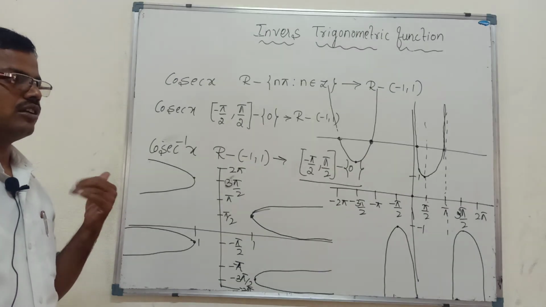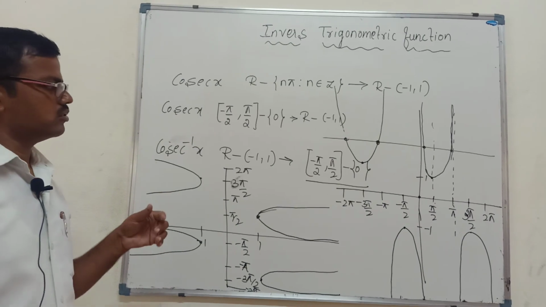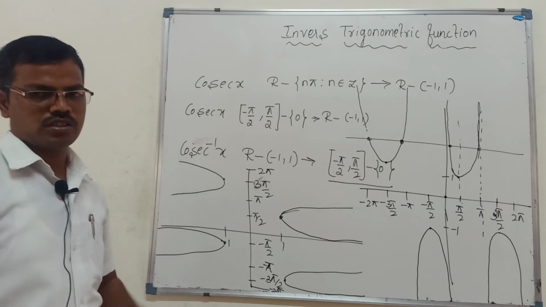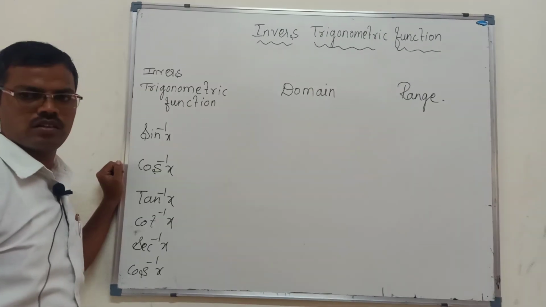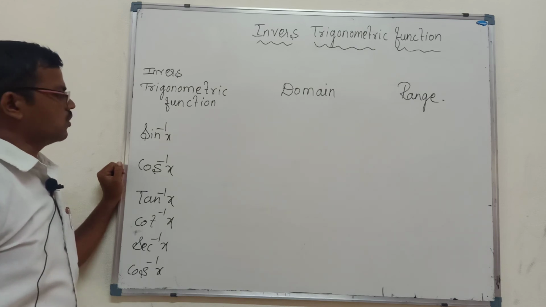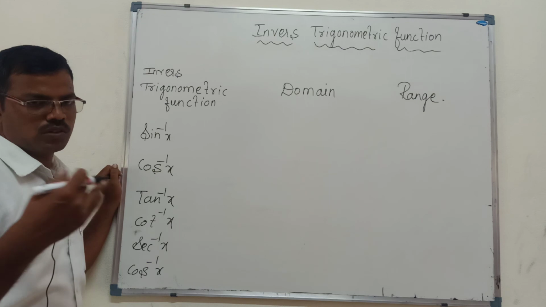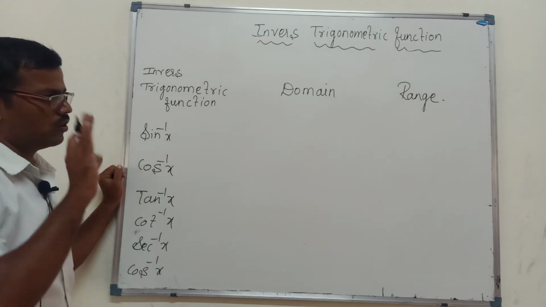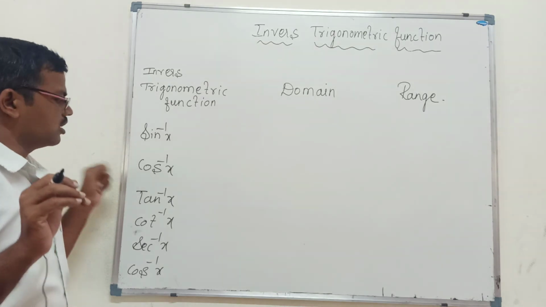So what we call the principal value for that trigonometric function. Let me list all the 6 trigonometric functions. We list all these things whatever we have studied in the previous part 1, part 2, part 3. Finally we list all the things we have studied about the 6 inverse trigonometric functions.